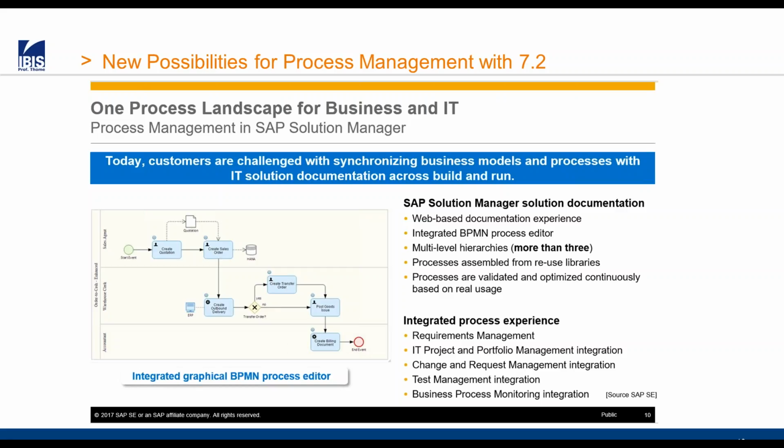An important part, an integral part of the understanding of 7.2 is, just like in the prior version, the solution documentation, which was called business blueprint before. It doesn't matter how you call it, it's still a process documentation, a tool of process management, and it's crucial for doing all those integrated functions like requirements management, charm, test management, business process monitoring, and so on.